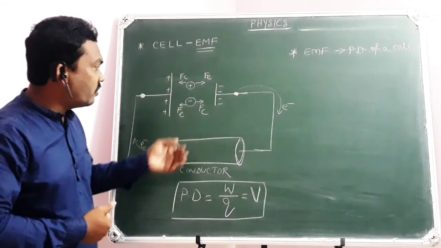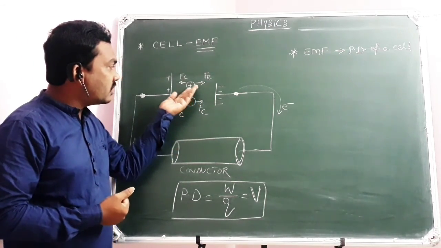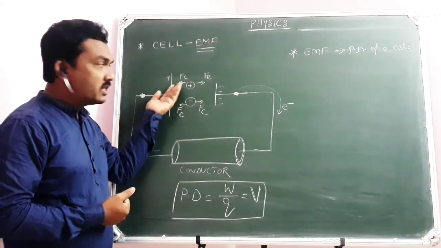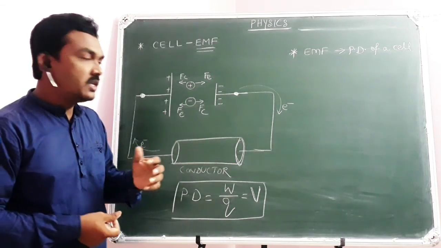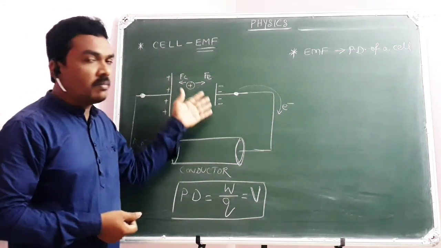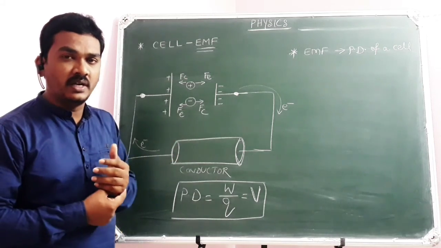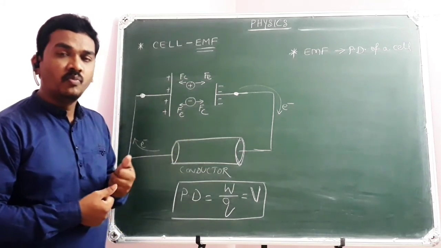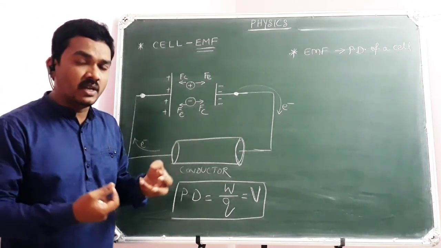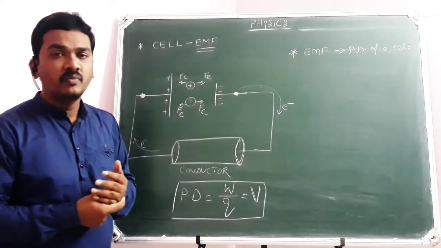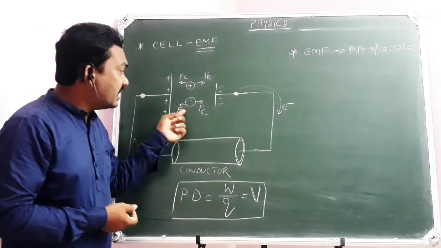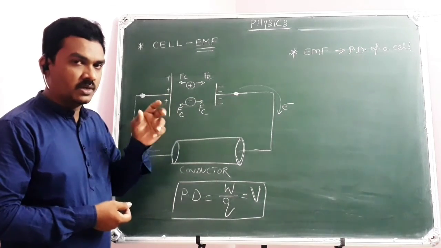Yes, coming to the point. You know very well, when the positively charged ions move towards the negative plate, they experience an electrostatic force of repulsion. And at the same time, there are a large number of ions present in the electrolyte. It is not about 1 or 2 ions. So there may be collisions among the ions while they are flowing from one terminal to another terminal. So in that way, the electrolyte, you know what is meant by electrolyte?